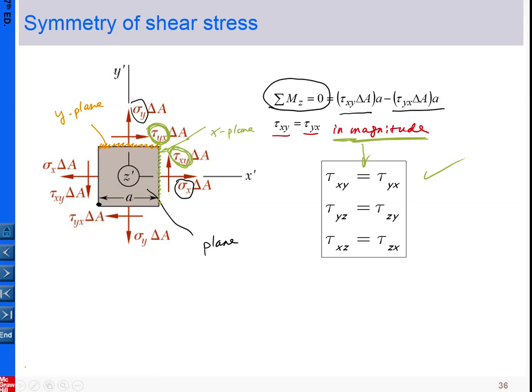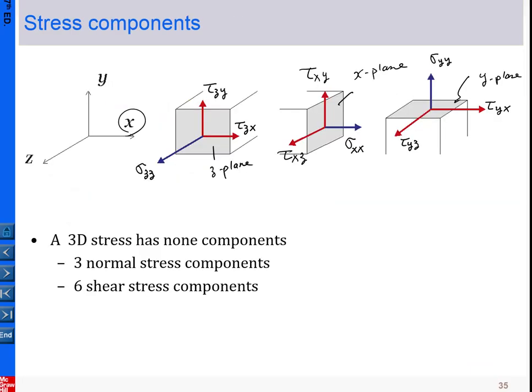But being equal in magnitude doesn't mean the two entities are equal, because the entity of stress depends not only on which plane it lies on, but also on which direction it's pointing. So they are different quantities. Again, this is in magnitude. We can look at here and identify which are identical in magnitude.